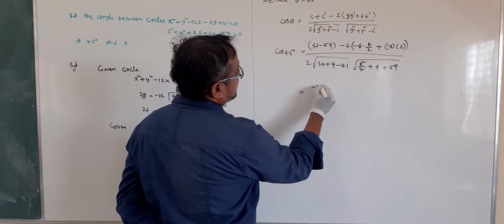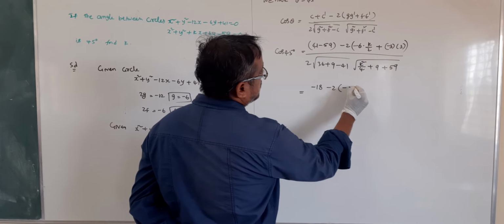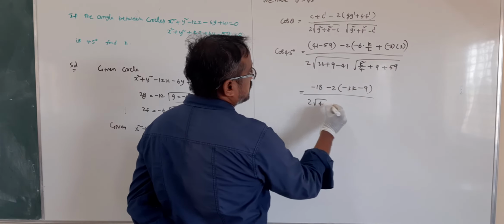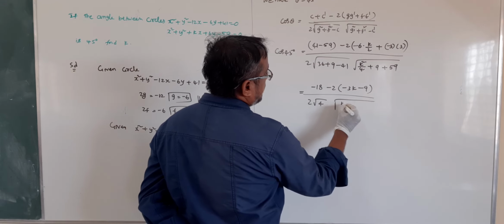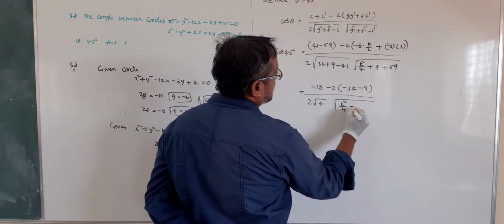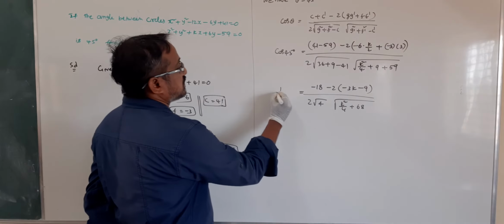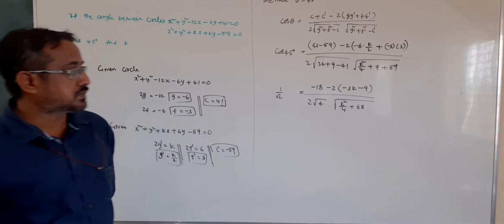So you have minus 18 minus 2 into minus 3k minus 9 by 2 into root 4 into k square by 4 plus 68. You have cos 45 is 1 by root 2.